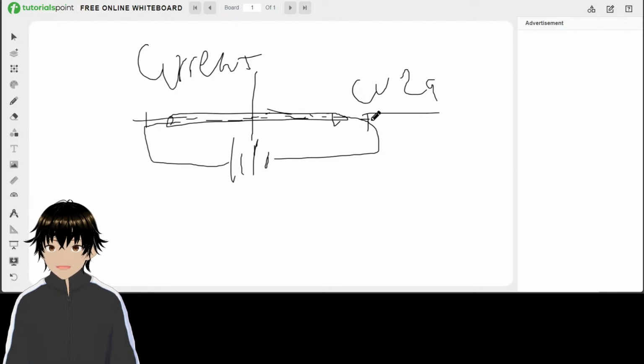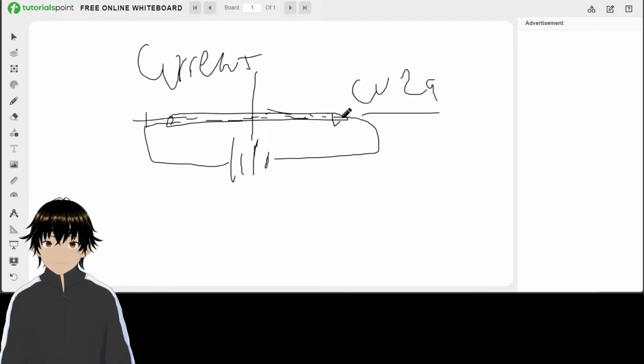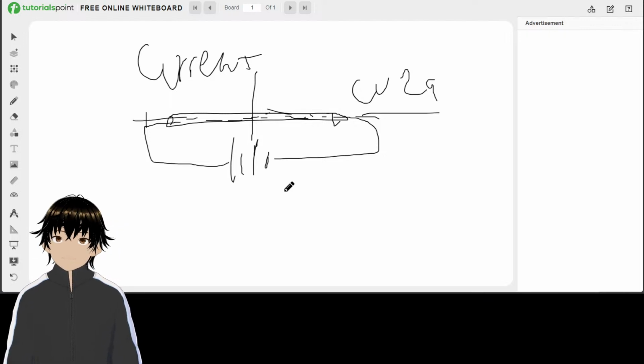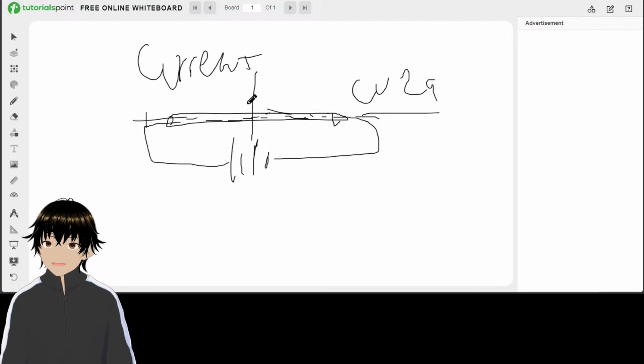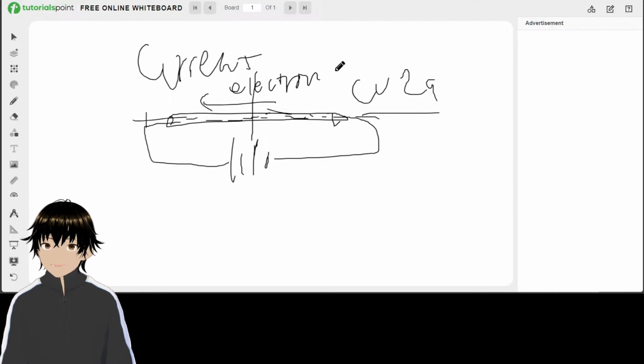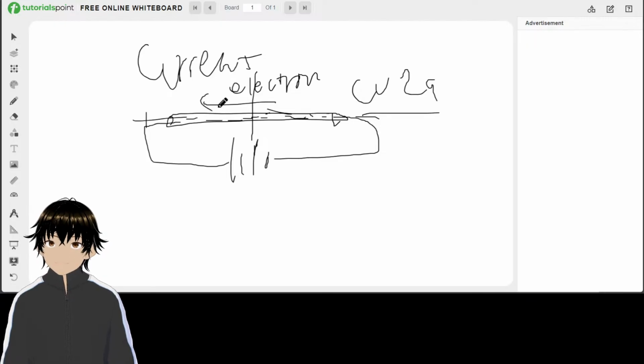Obviously, we have positive and negative. Positive on the left side, and negative on the right side. So the electron current is going to go to the left.